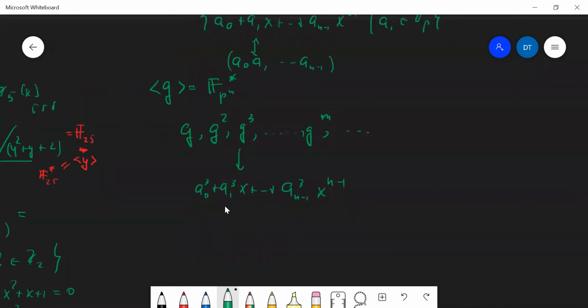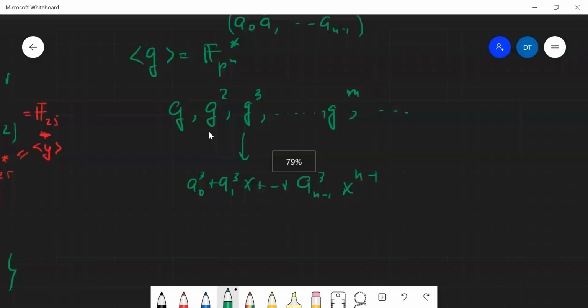Okay, you can modify this process a bit. Instead of starting from the power 1, you can start from the power k. So you just choose any fixed k, and generate a sequence like this.